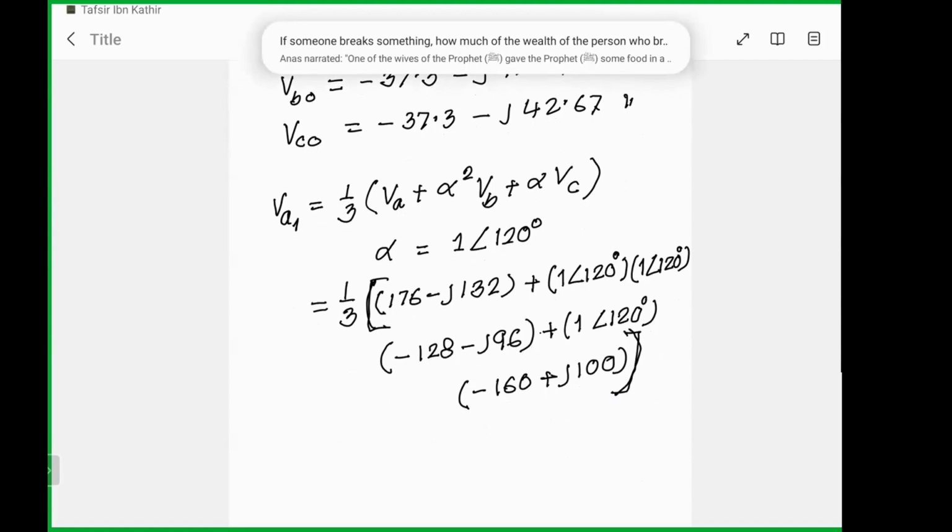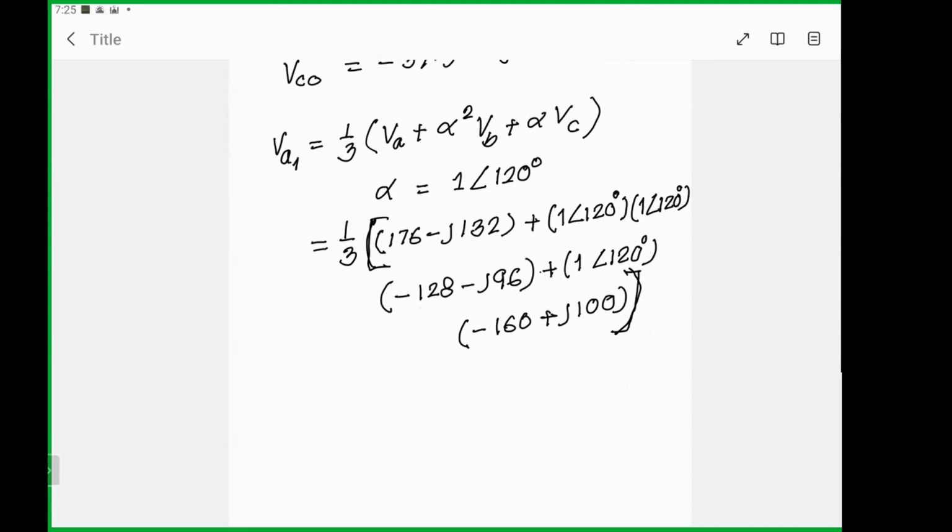Yeah. So then we need to do the calculation, and I think I need help from some of you. At the end, I need to do the addition. I will not change anything and keep it as it is, 176 minus J132. Now here, I need to do the multiplication first.